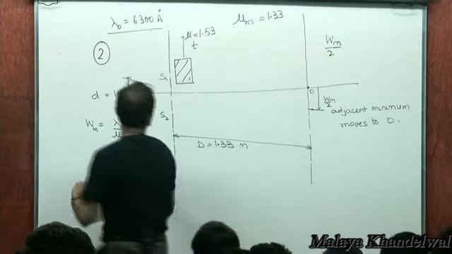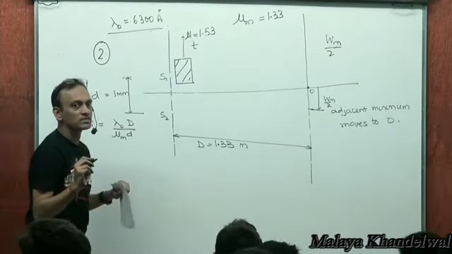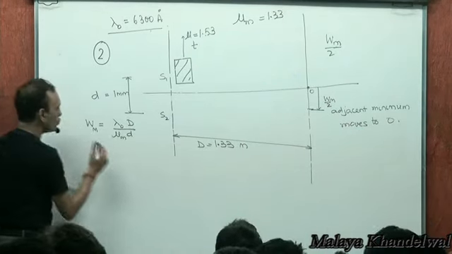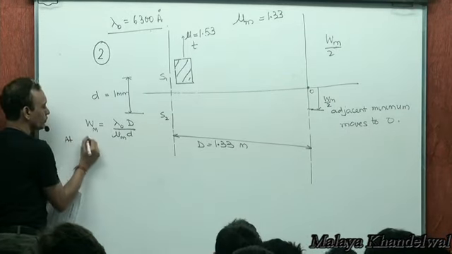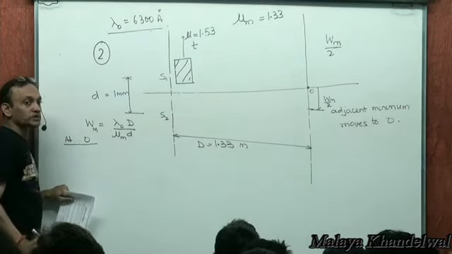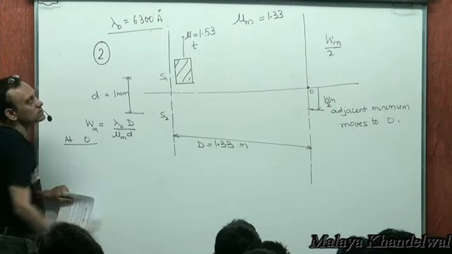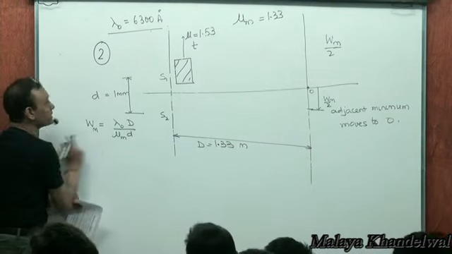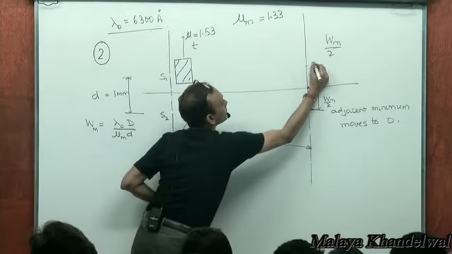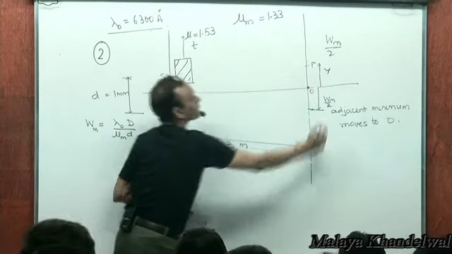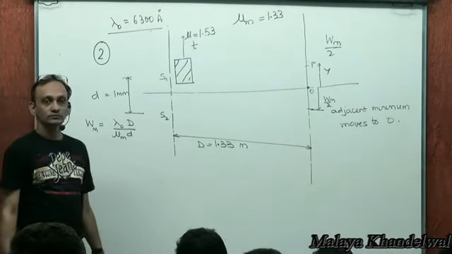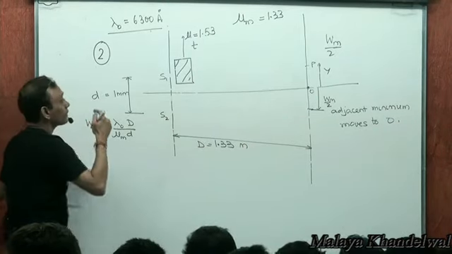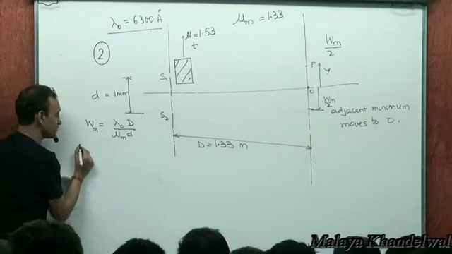Now, just to recap some things. At O, or at any point P on the screen, distance y, what's the optical path difference?